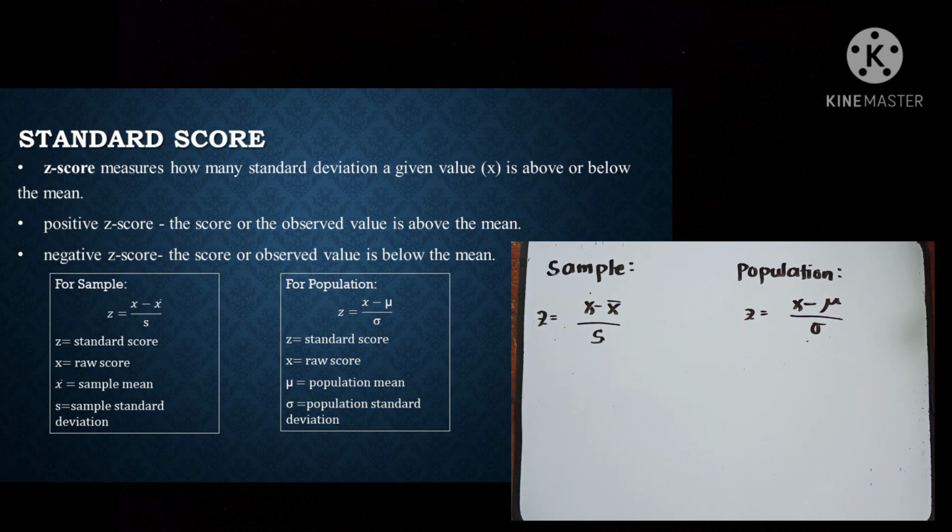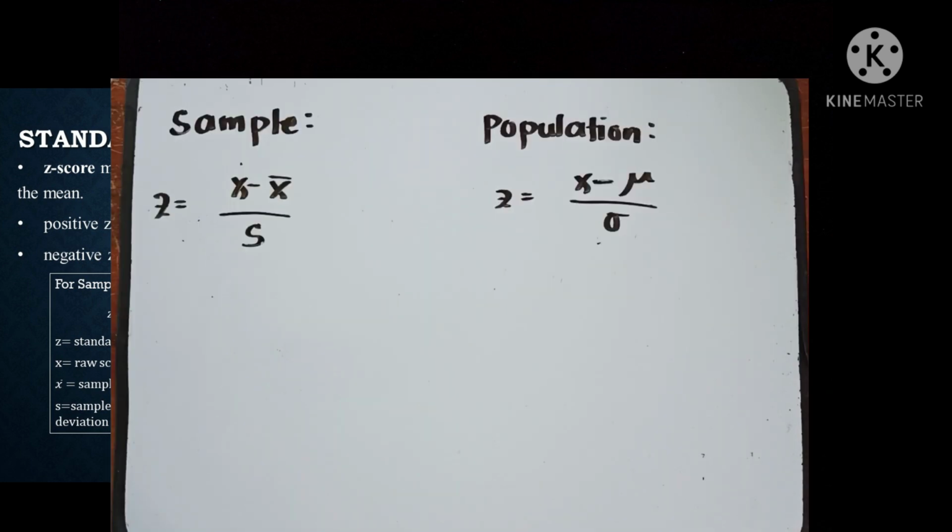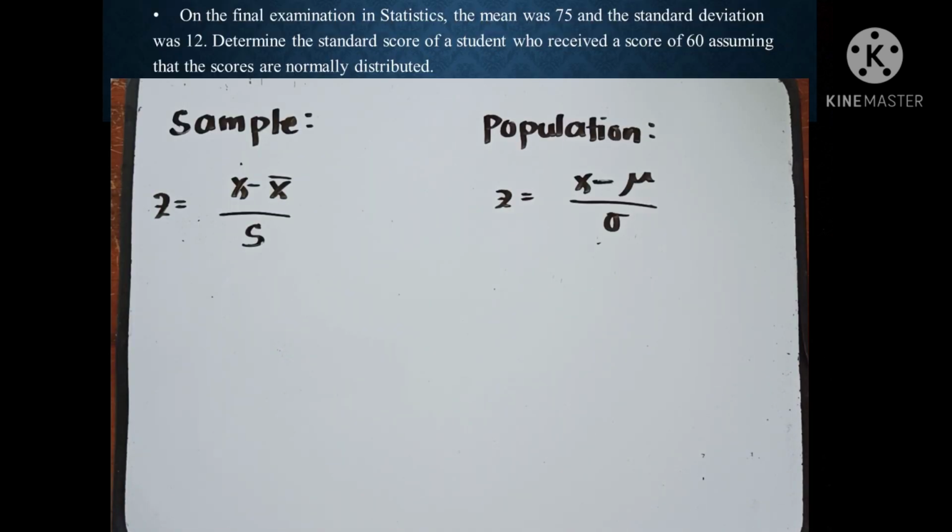Okay, so for example, on the final examination in statistics, the mean was 75 and the standard deviation was 12. Determine the standard score of a student who received a score of 60, assuming that the scores are normally distributed.